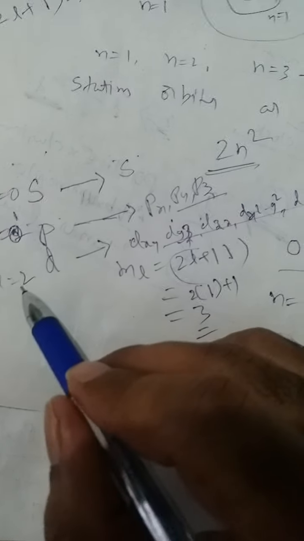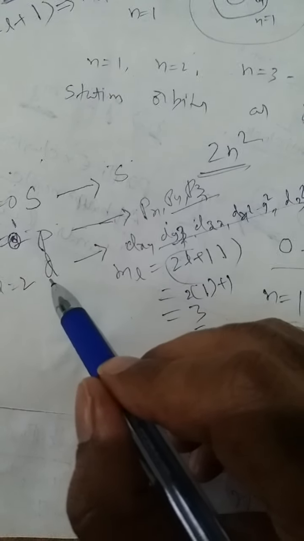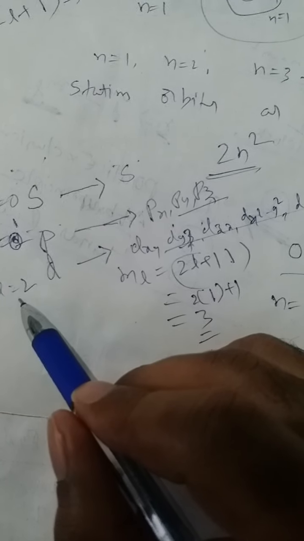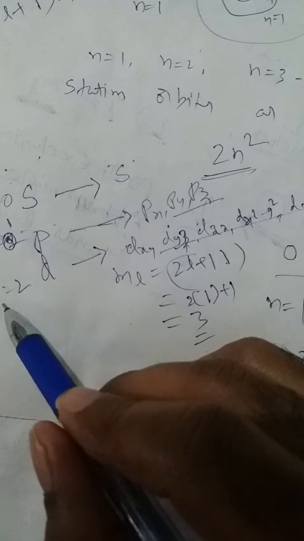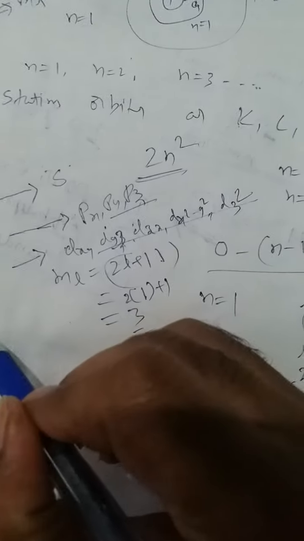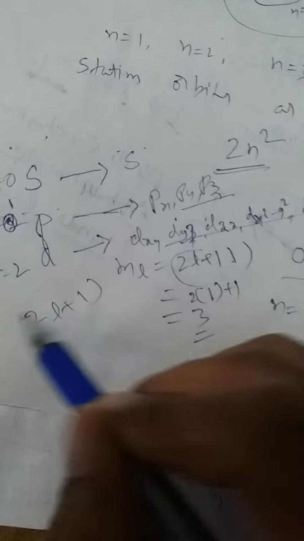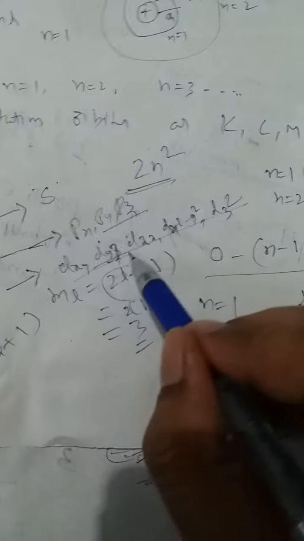Why? Because L equal to 2, the azimuthal quantum number, gives 5 degenerate orbitals according to the formula 2L plus 1, 2 into 2 plus 1, which is 5.